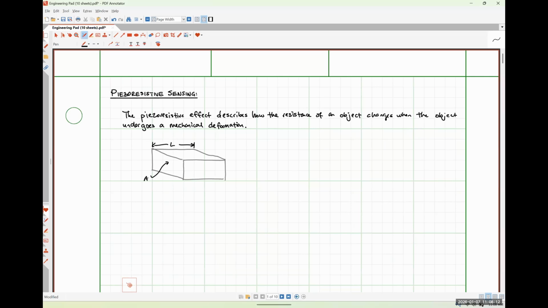If we were to pull on this beam, we would expect the cross-sectional area to get slightly smaller while the length of the material would increase. So something akin to this. Right, so smaller area, longer length, where this change in length is being vastly exaggerated for the overwhelming majority of materials.